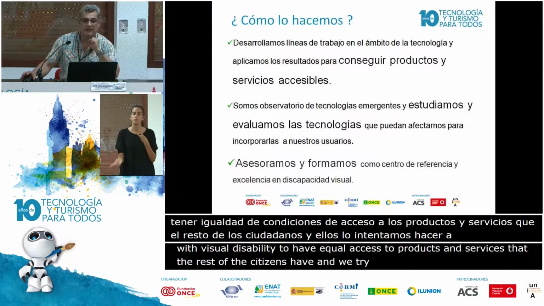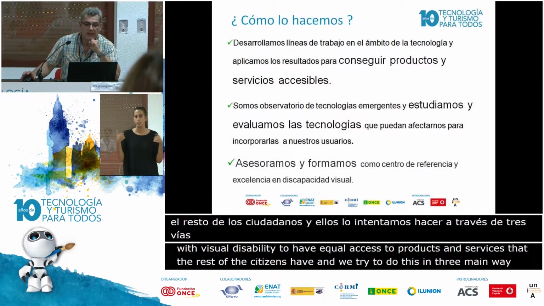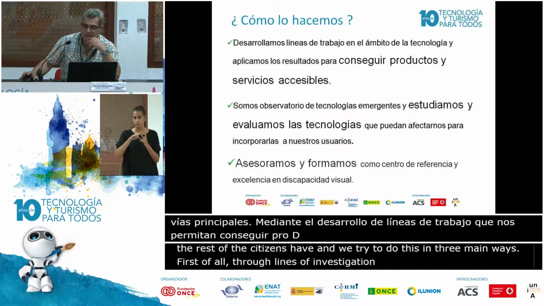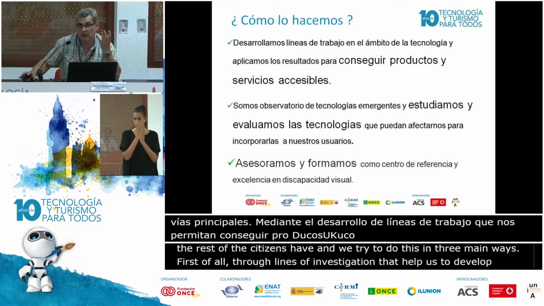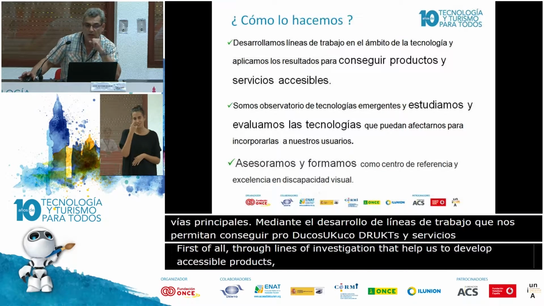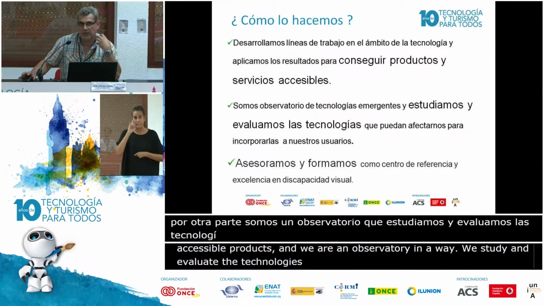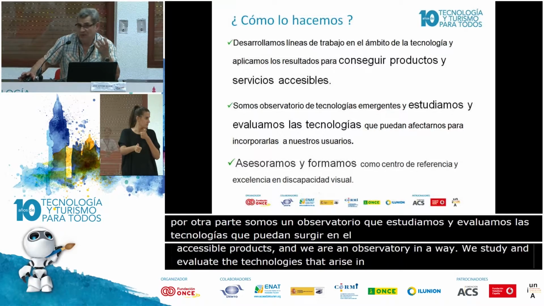First of all, through lines of investigation that help us to develop accessible products. And we study, we're an observatory in a way. We study and evaluate the technologies that arise in the market and try and anticipate events.